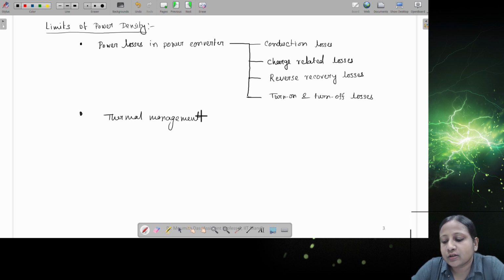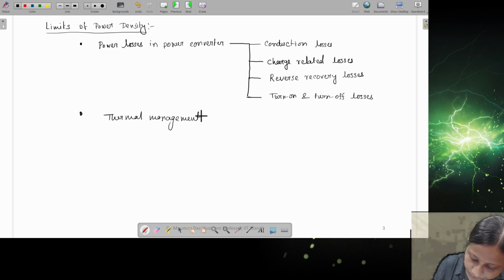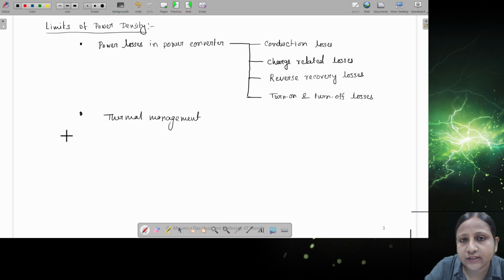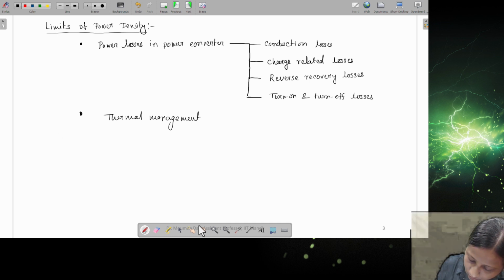So in order to reduce the problem, the first thing we should consider is the reduction in all the losses, or better thermal management of the system, or a combination of both. Now, how to break through this problem? How to solve this problem?